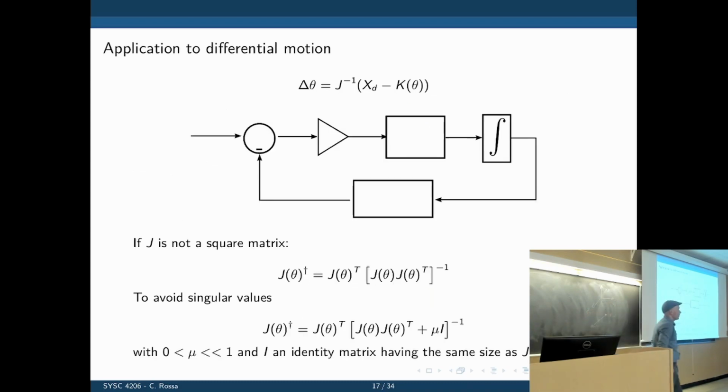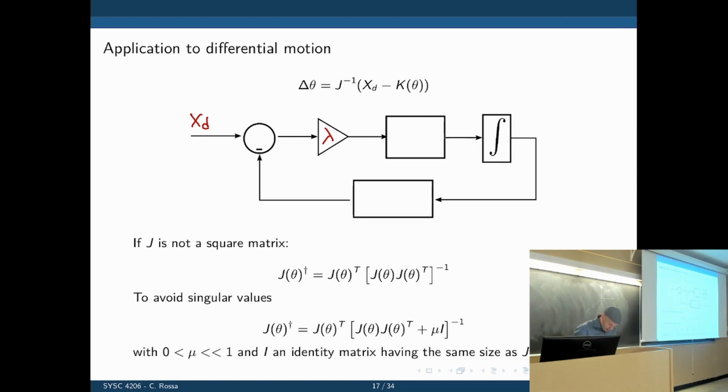Let's represent this as a block diagram, maybe that will help. What's the input here? The input is the desired position. We subtract the current position, and we multiply by that same lambda that we had before, just to speed up the process, to make the convergence faster or slower.